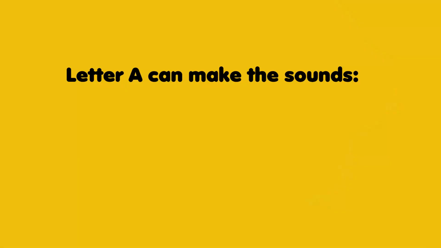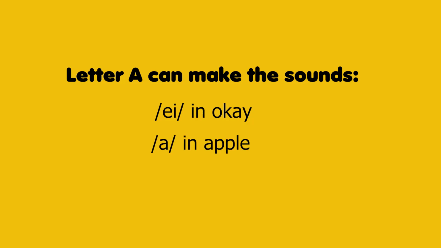The English language is made up of 26 letters. Yes, 26 letters. However, we know that some of those letters make more than one sound. For instance, letter A can make the sound A in okay. It can make the sound A in apple.